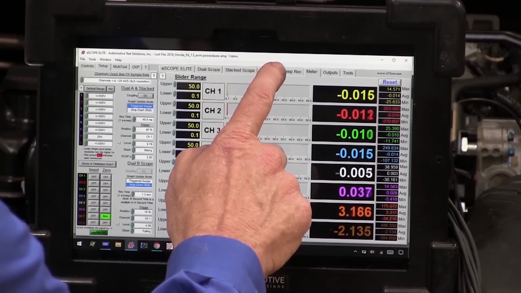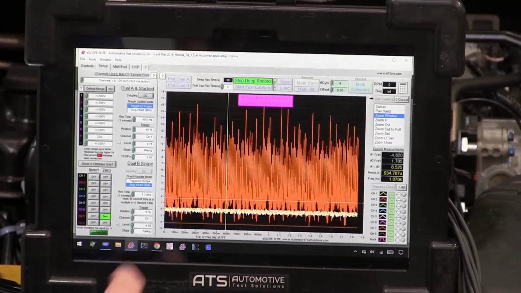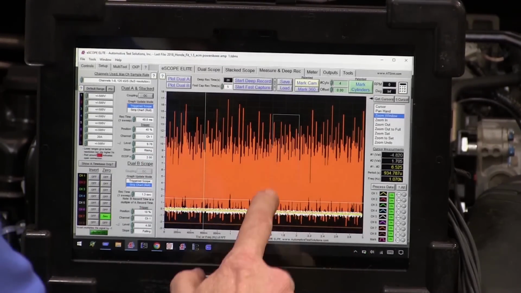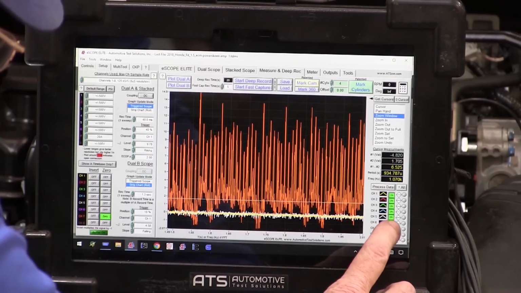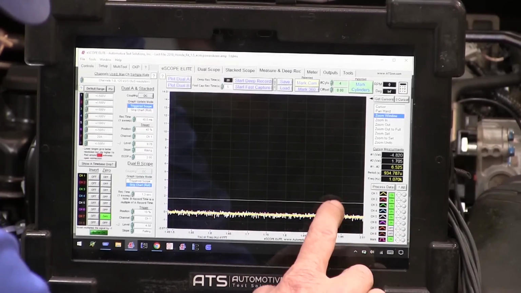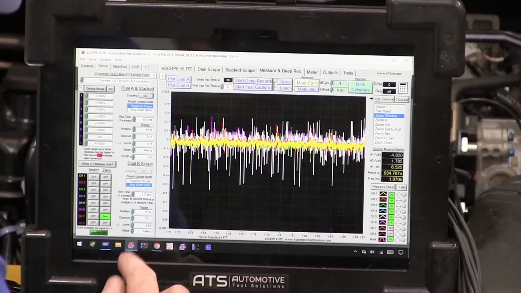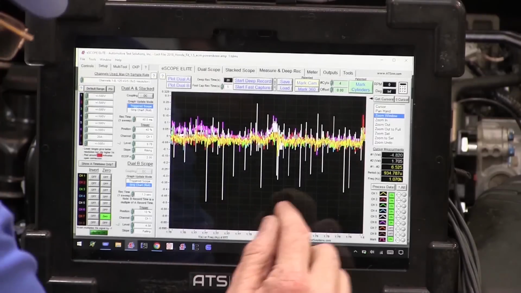Let's go ahead and check the data. This is the same thing we were looking at, the same pump in the same place. We've already looked at that, so I'm going to shut that off for right now. The only one I can see that's got some noise on it is the white one.